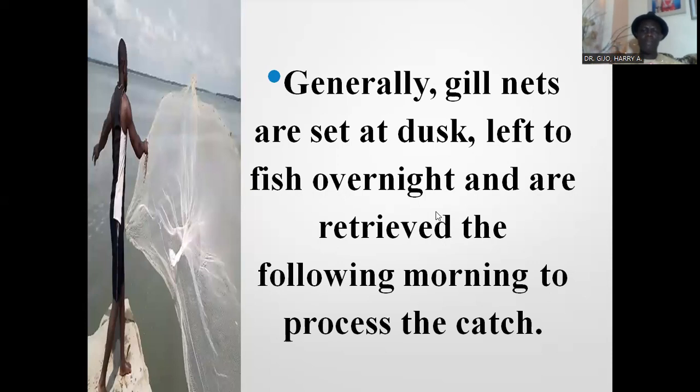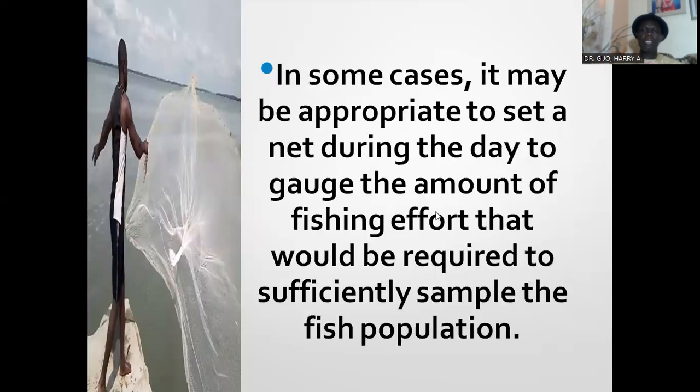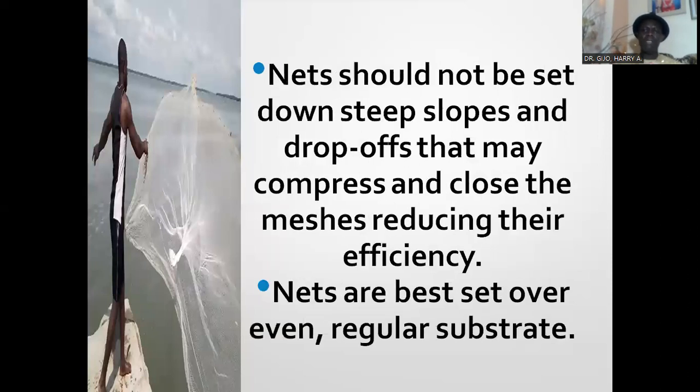In some cases, it may be appropriate to set a net during the day to gauge the amount of fishing effort that will be required to sufficiently sample the fish population in a specific aquatic ecosystem.